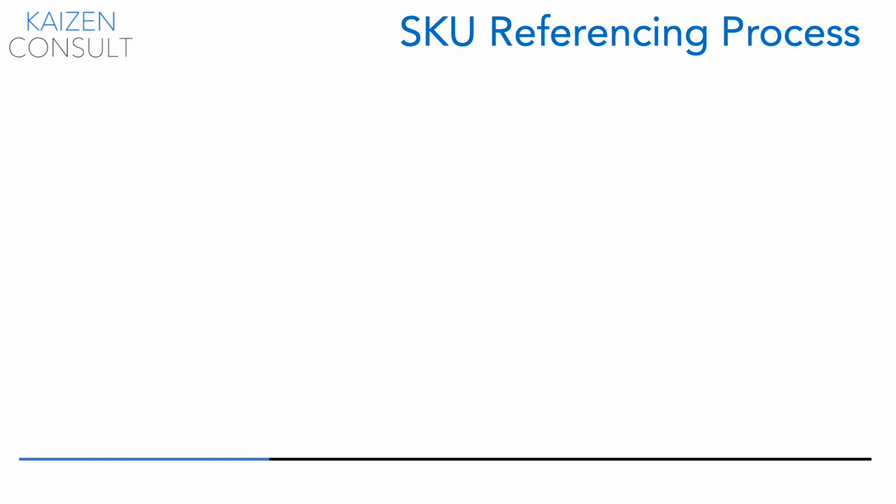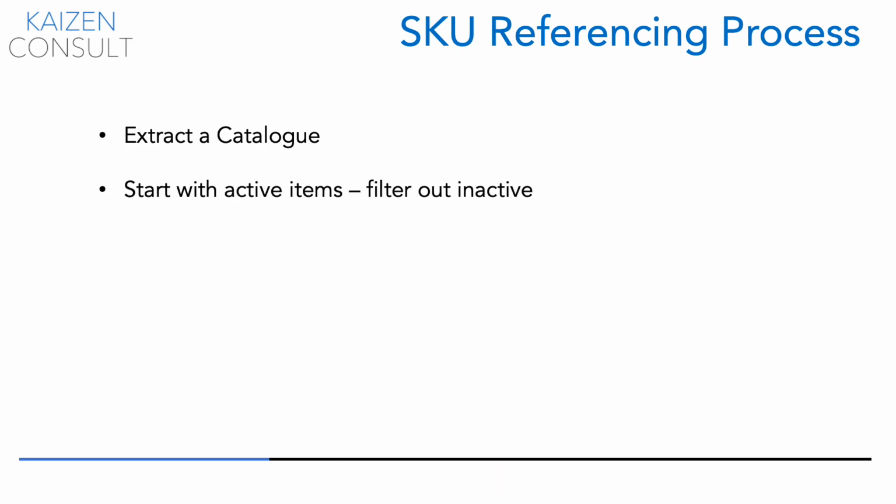So where should you start the process if you already have an inventory but no SKU reference? First, extract a catalog of items. You better start with active items or items in stock and filter out inactive ones. No need to spend time in referencing parts you are not using and will never use anymore.